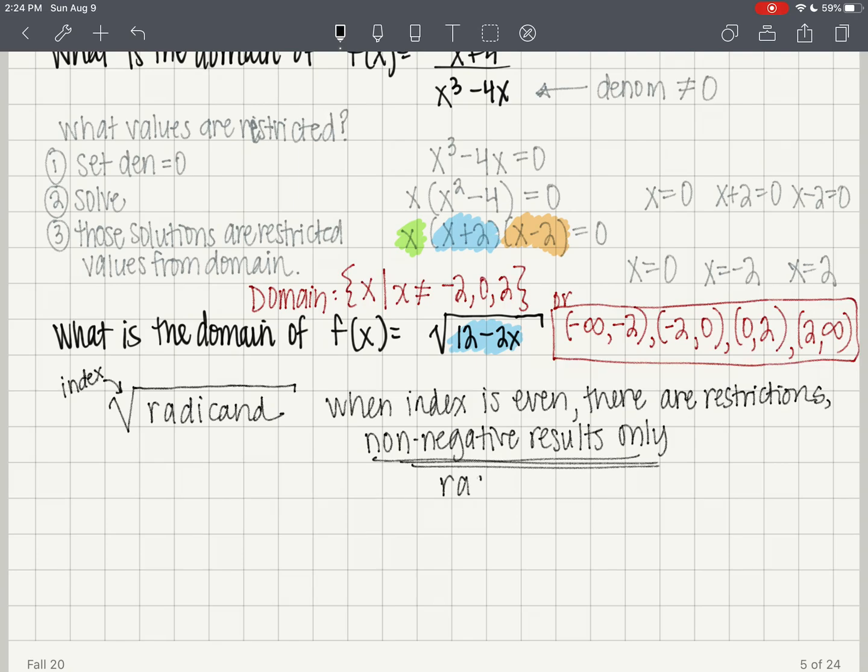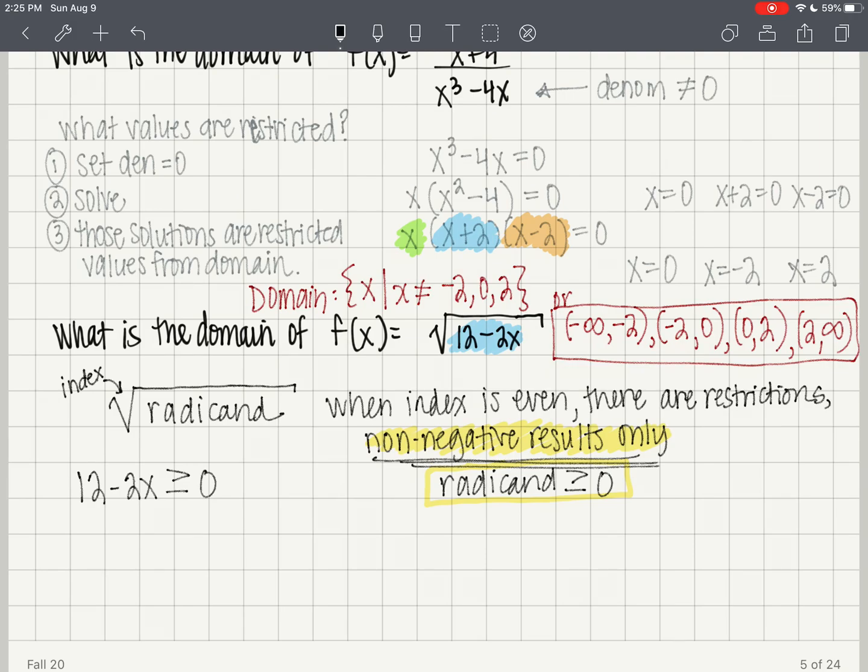So the radicand has to be greater than or equal to 0. That's what that means. I'm going to highlight this. Non-negative results only, which means you want the radicand to be greater than or equal to 0. So you want that expression that's inside, for instance, 12 minus 2x, you want that to be greater than or equal to 0.